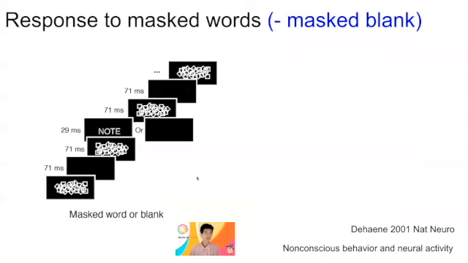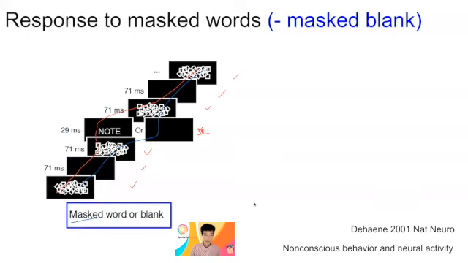Next, what happens when they did this cognitive subtraction between masked word and masked blank? This pathway, mask blank, mask word, mask blank, blank mask. If you subtract these, all of this is common. So this part is not seeing but shown, versus not seeing and not shown. This is the critical subtraction.